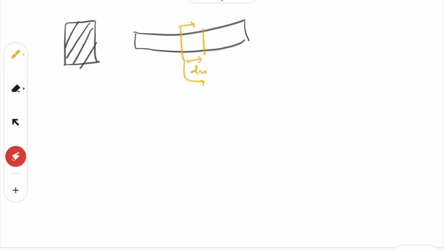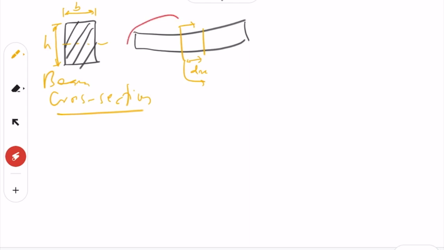It will have some width, say b, and height equal to h, and then there will be a neutral axis that goes like this. This is the cross section of the beam.